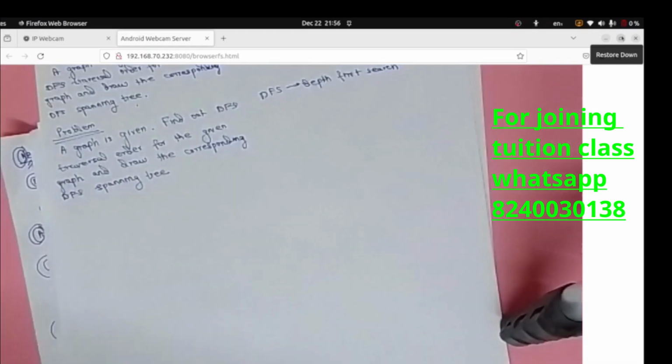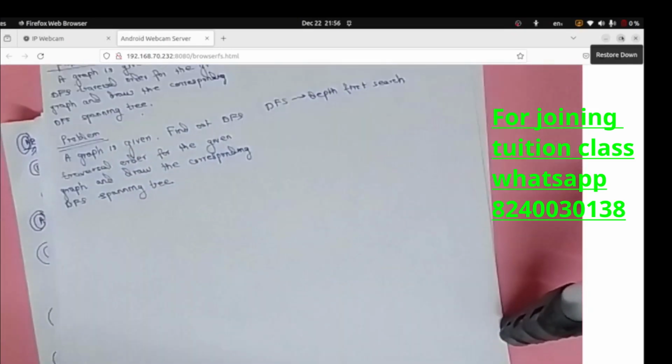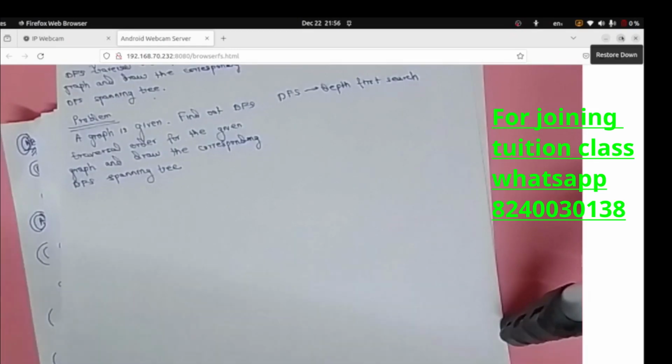So to do this DFS traversing, you have to use a data structure called a stack. To illustrate this problem, we will take the help of an example, and see how the traversing is done. We traverse the vertices in depth first search order, so according to that order the graph will be traversed.